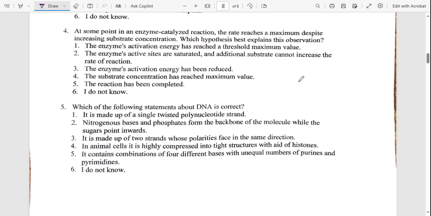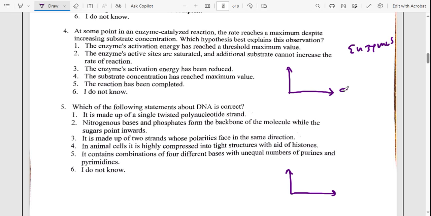You need to know, for enzyme and substrate as a factor, what are you looking at? For enzyme as the factor that determines the rate of reaction, you are going to have enzyme here and then the rate of the reaction here.